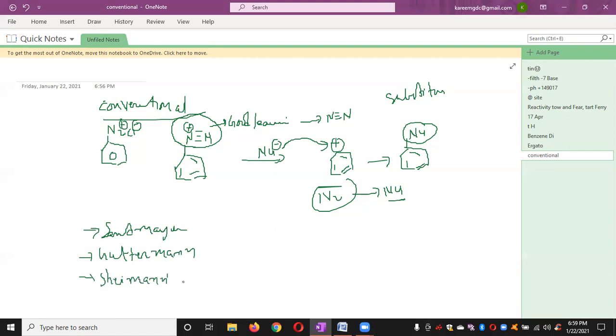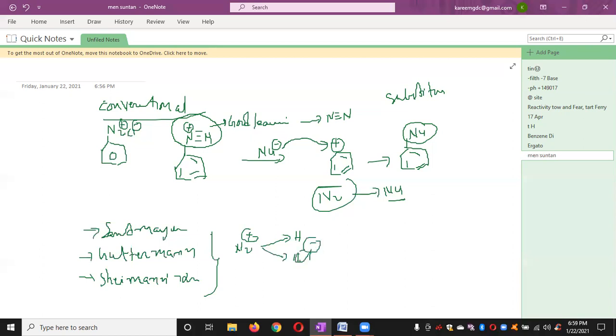Schiemann reaction. Part of these three reactions, we have some substitution reactions. This N2 plus ion can be substituted by H, which results in benzene, and it can be substituted by Cl minus.